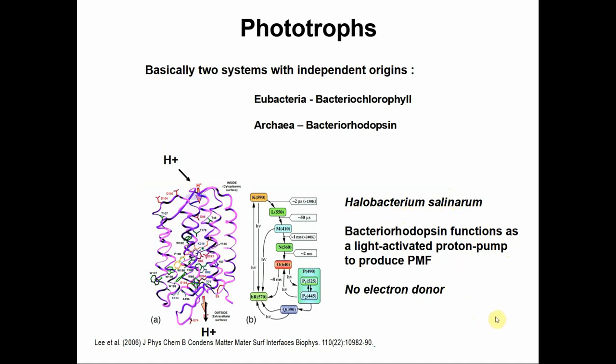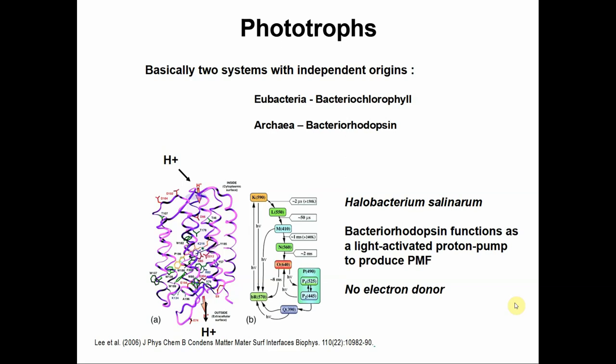It's there as a means of making anaerobic metabolism more efficient. Okay, so that's the purpose of this photosynthetic mechanism in a bacterium which is basically a chemoheterotroph.